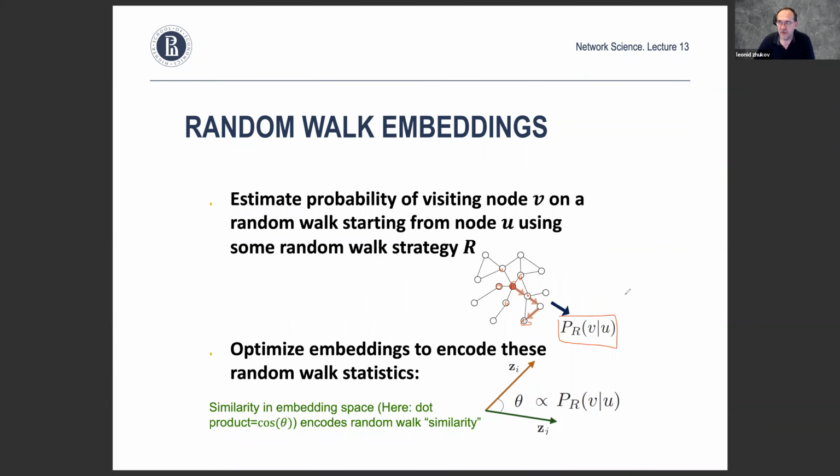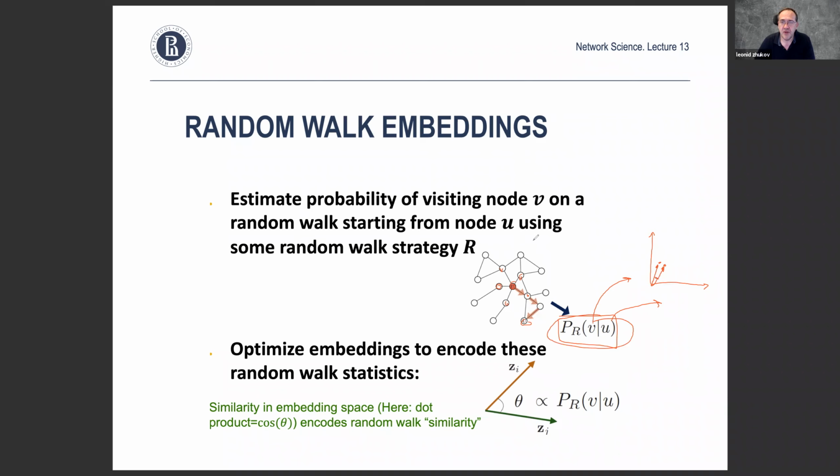Then the idea is the following. If we map those two nodes onto points in a multi-dimensional space, let's say a two-dimensional space, these are the projections. If this probability is high, because the nodes are next to each other, we want this angle to be small.